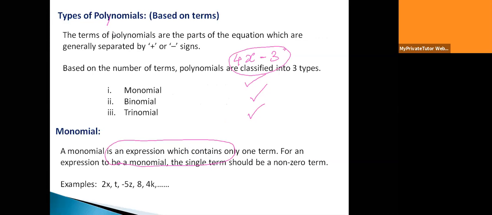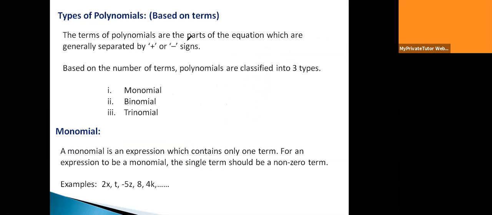What are the types of polynomials? We have a few types of polynomials, but let's concentrate on two ways. We can classify the types of polynomials using terms and by using degree.